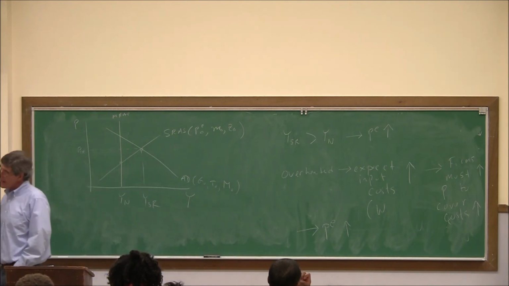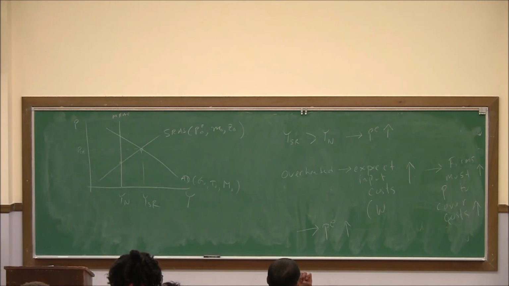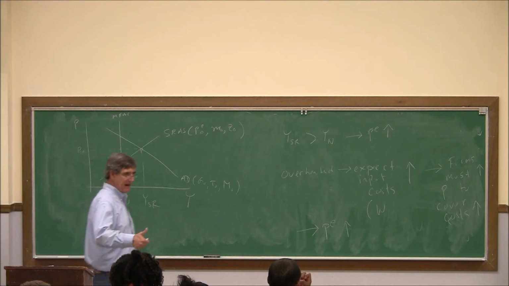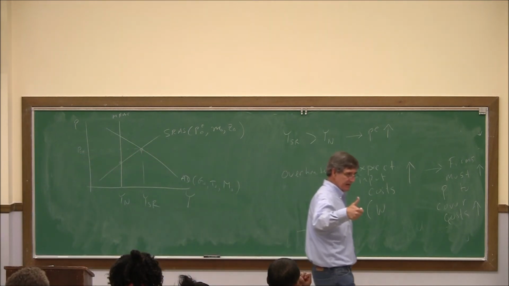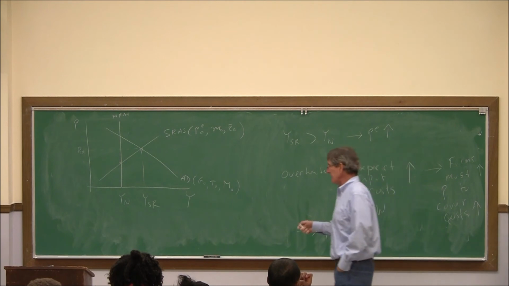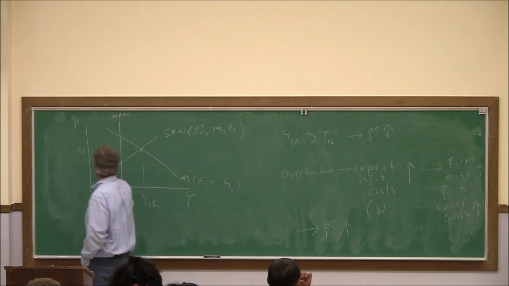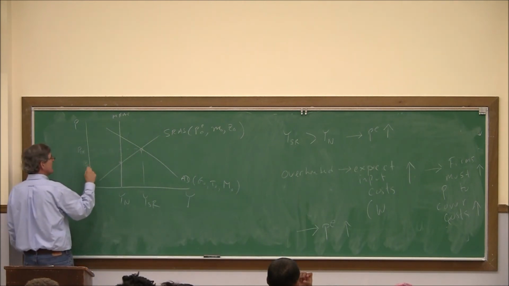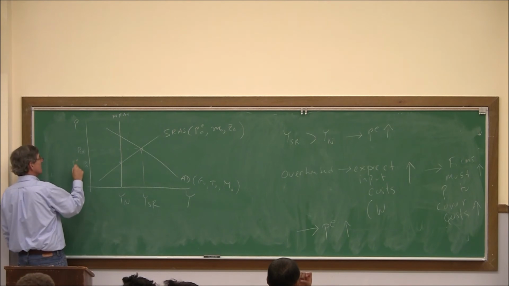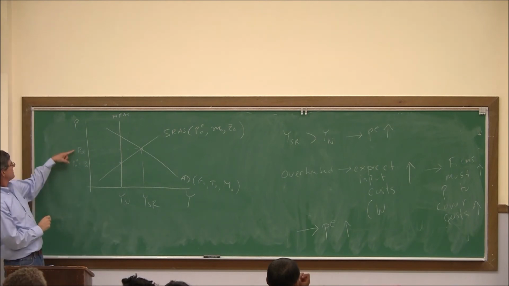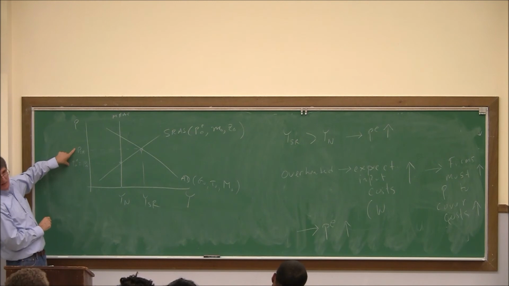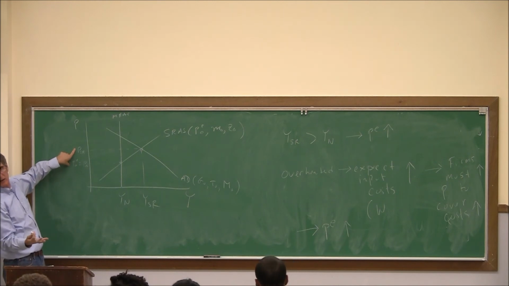So as long as Y is greater than YN, we expect to see price expectations rising. Mechanically, you can do it just because the actual price, this would be P0, is greater than what they're expecting. That's the expected price. The price is greater, so you're going to revise your expectations. You can also figure it out.